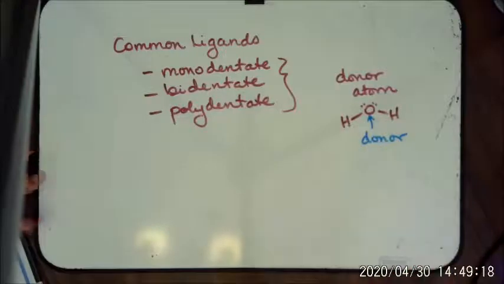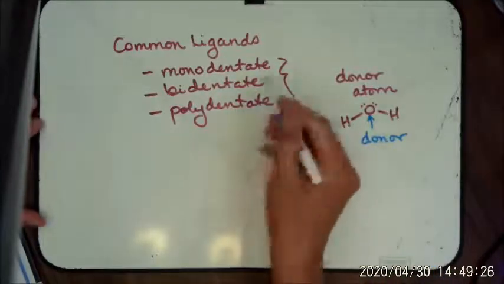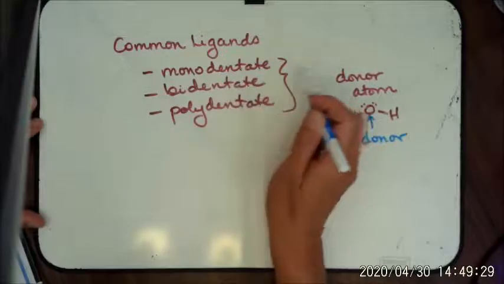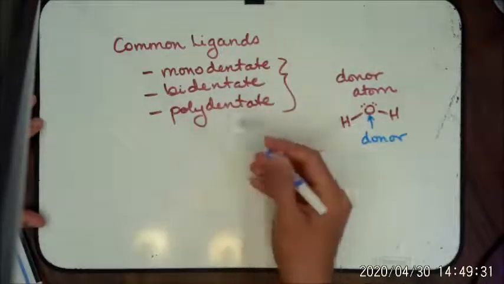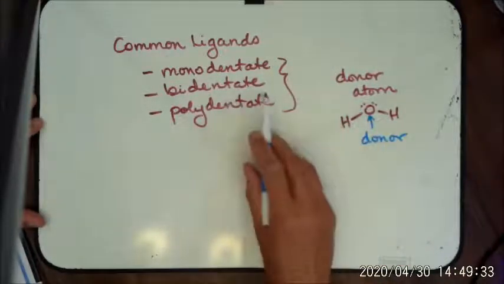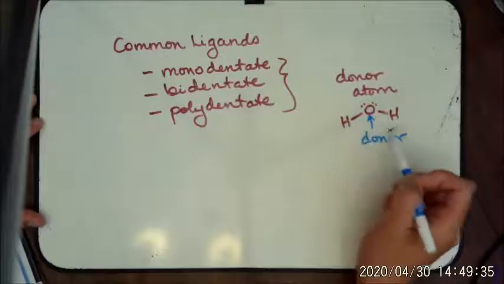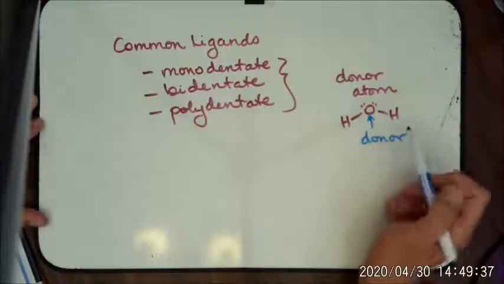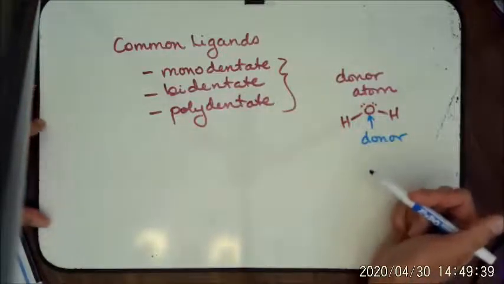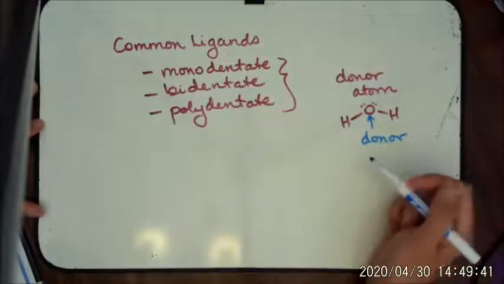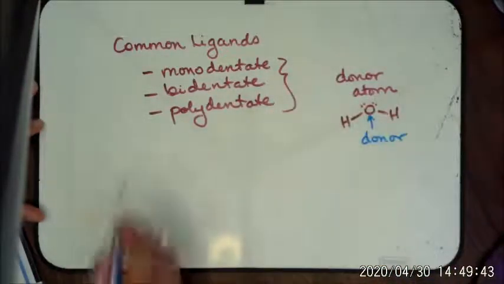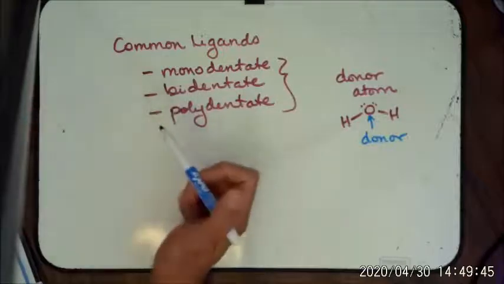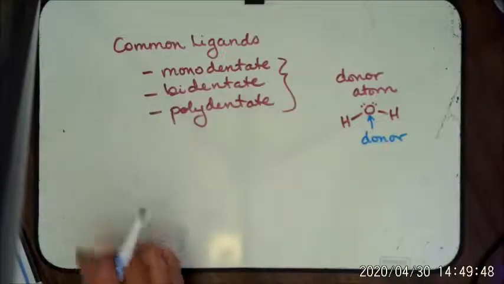Sometimes you might have a ligand that has 2 donor atoms, and we can talk about those examples later. When we talk about monodentate, bidentate, or polydentate ligands, this means teeth. So this tells you how many donor atoms you have in your ligand. This is 1 tooth, this has 2 teeth, which means 2 donor atoms, and this has more than 2.